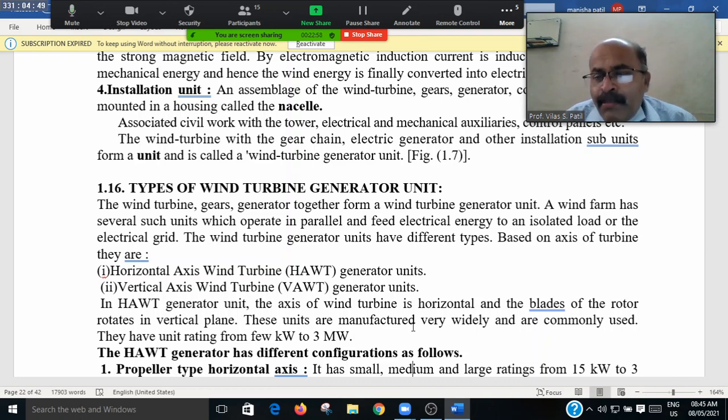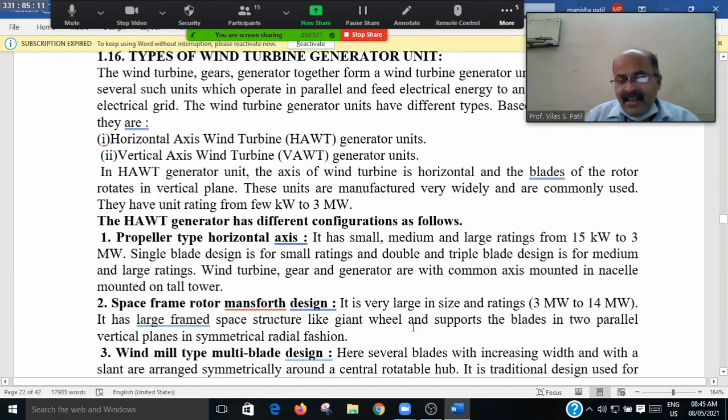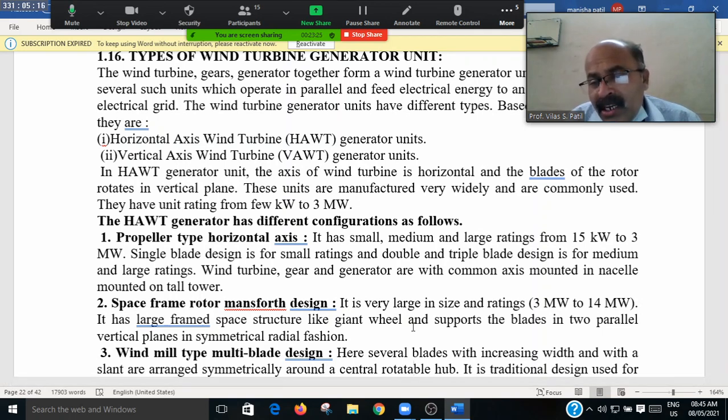That is, a perpendicular angle is formed between the axis and the blades. These units are manufactured very widely and are commonly used, and their rating is about 3 megawatt. A single windmill can produce 3 megawatt of electrical energy. That is a lot of energy.